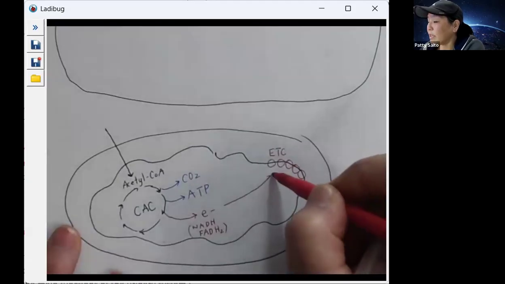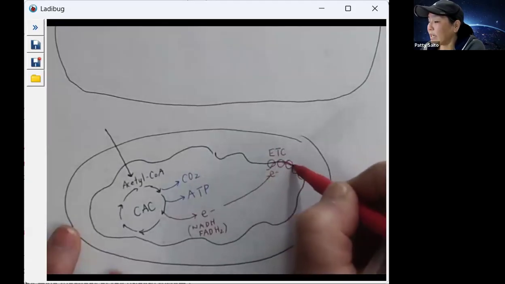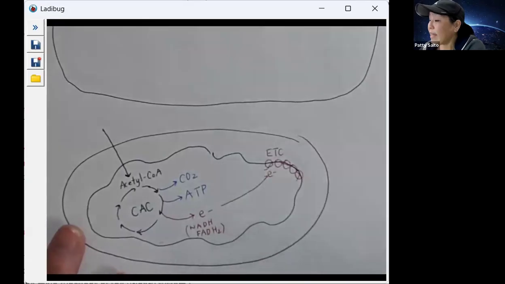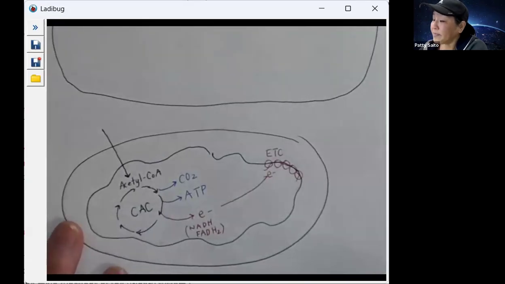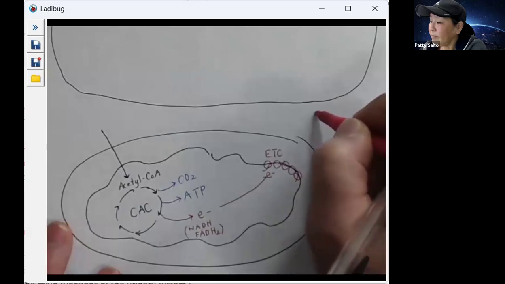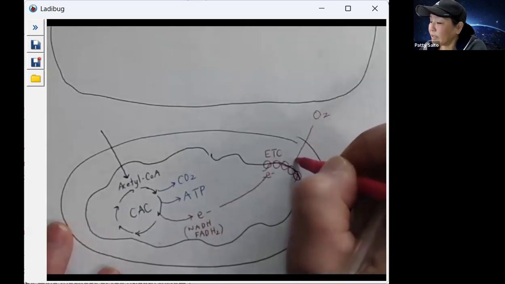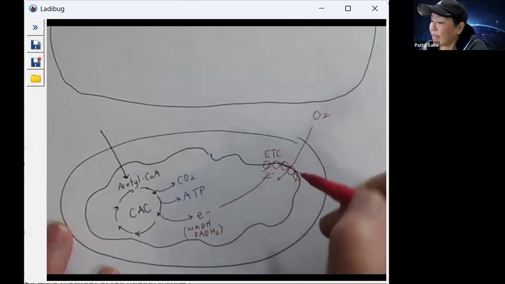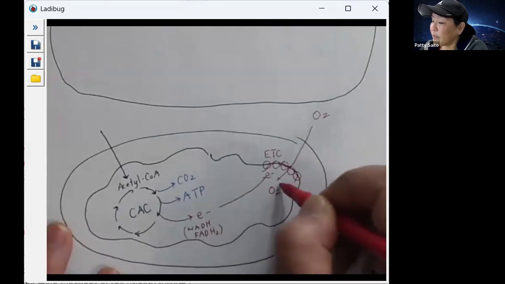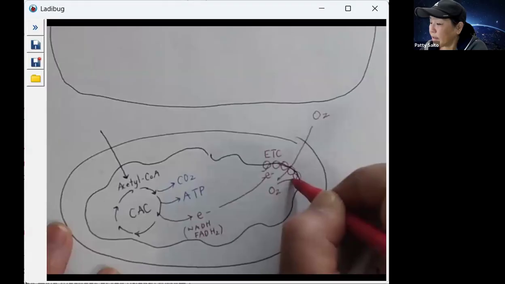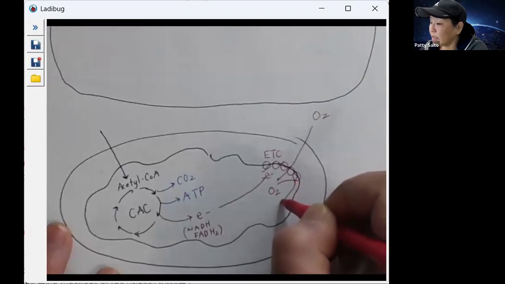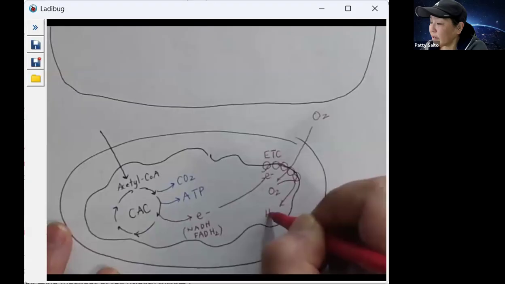The electrons are going to be carried along here. And then we get oxygen that enters. And the oxygen is going to pick up those electrons to form water.